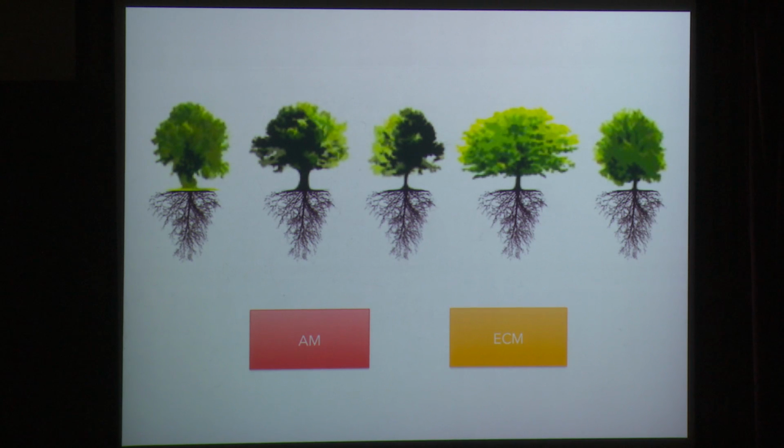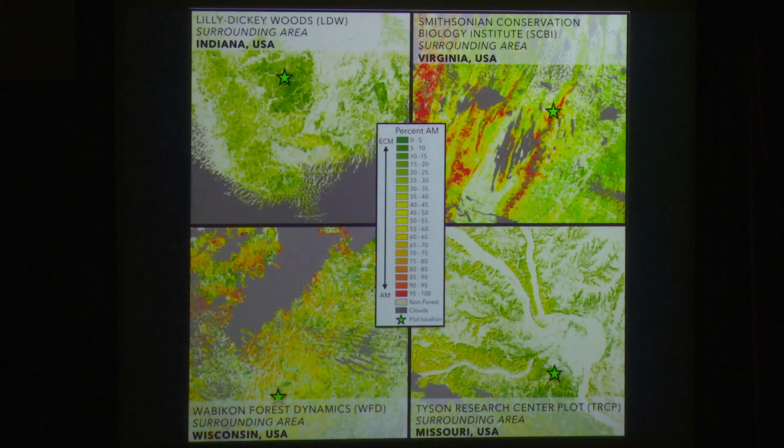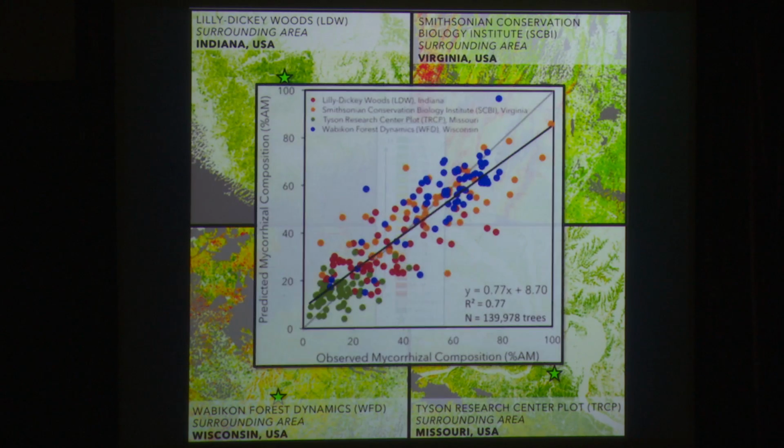We're also able to pick up some of this from remote sensing, where individual species with different spectral fingerprints have qualities in common depending on which mycorrhizae they're associated with that are unique relative to the others. We have a paper in minor revision at Global Change Biology that used about 140,000 trees and showed that we can detect this mycorrhizal association from space.